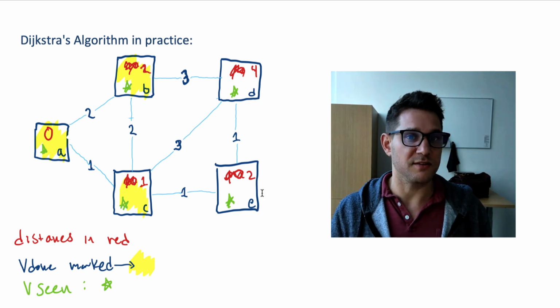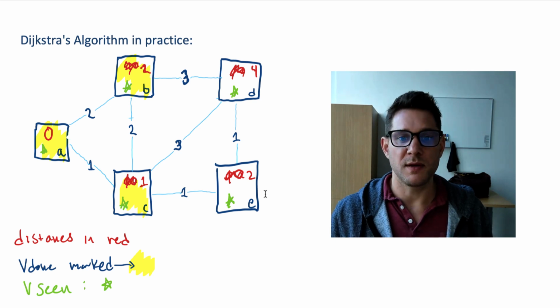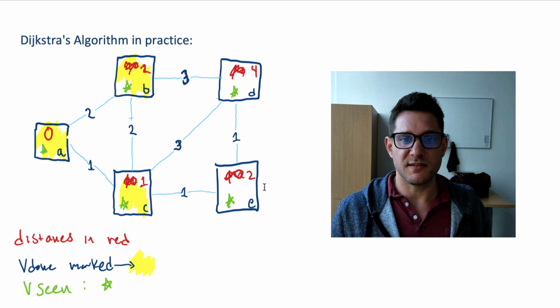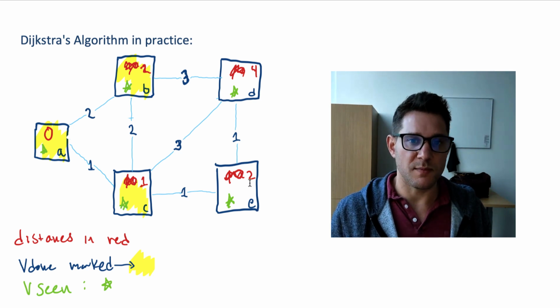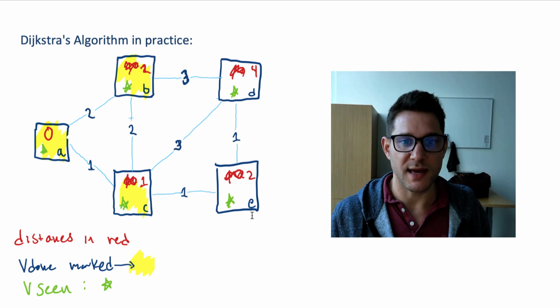Now again, we have a vscene heap with 2 items in it, D and E. We take the one that has the smallest distance value. That, it turns out, is E. We pop that off of the vscene heap, and we now consider all of E's neighbors that are not yet done.